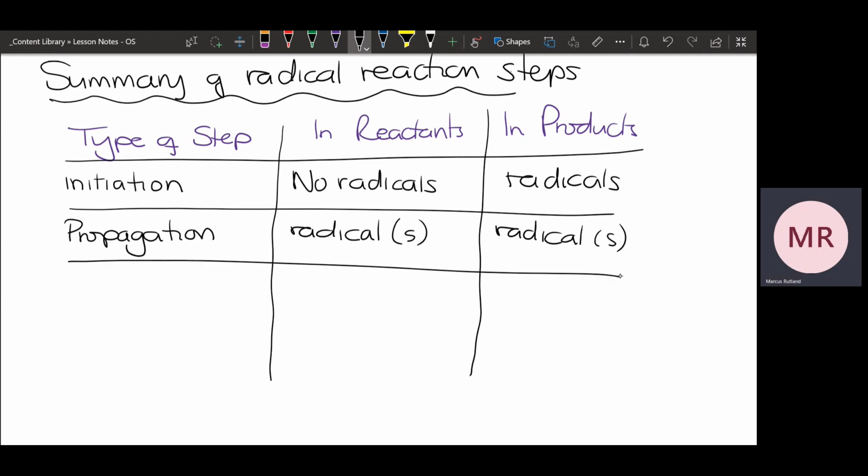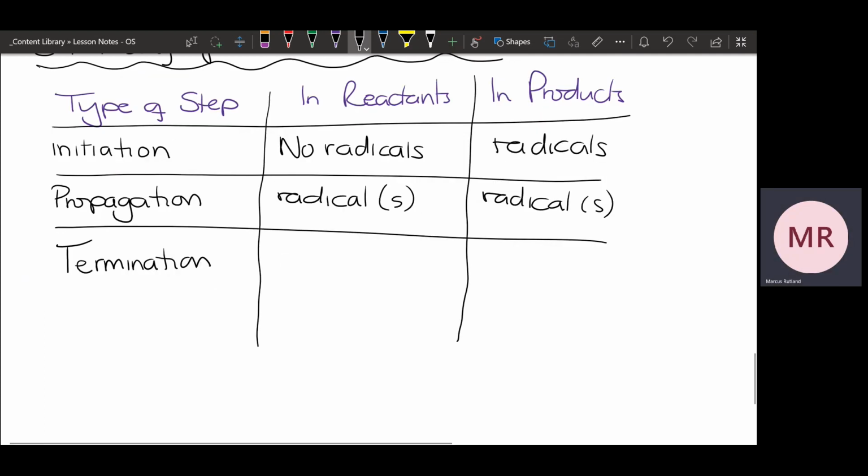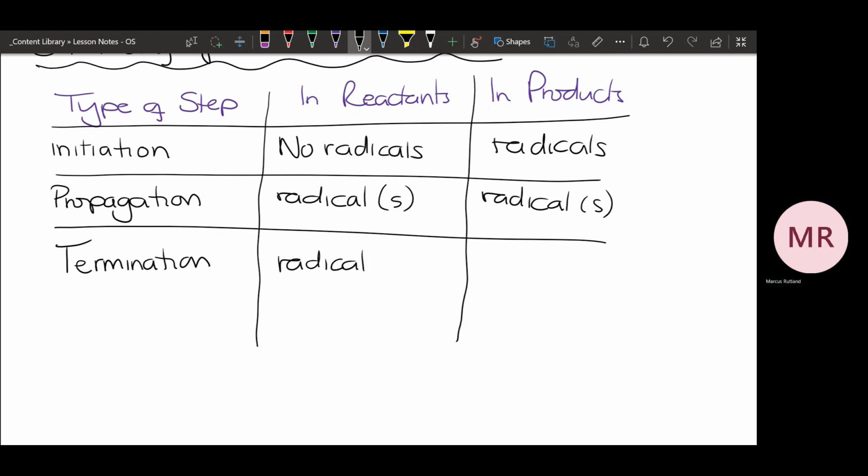And then termination. In the reactants, you've got radicals. But in the products, you've got no radicals. So effectively, in initiation, radicals are born where there wasn't any. In propagation, they're kept alive.